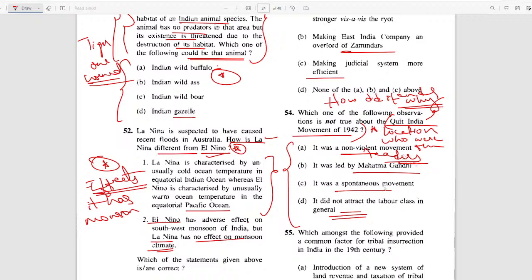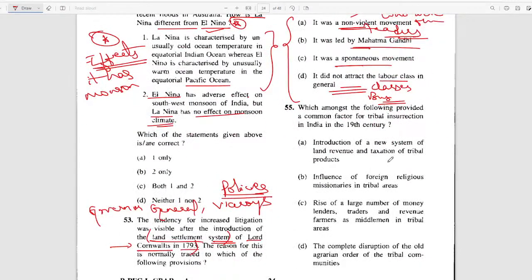They'll ask you about the nature, whether it was violent or non-violent, who was the leader, whether it was spontaneous or planned, whether it attracted the labor class, what classes were involved, labor class, business class, who was involved here. I hope things are getting clear. And if you have any doubts, you can post your queries in the chat section.